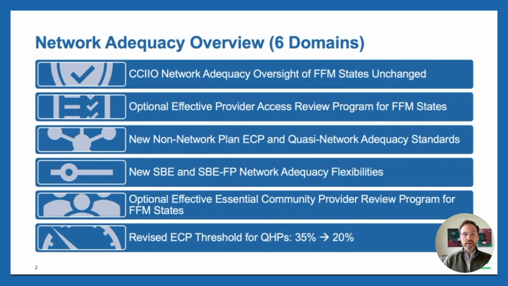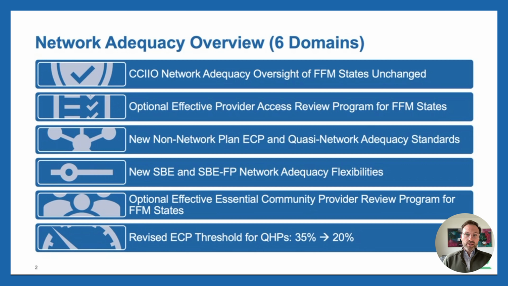So the first domain is CCIIO network adequacy oversight in the federally facilitated marketplace. That remains unchanged. CCIIO will continue to conduct annual network adequacy oversight for QHPs offered on the federal exchange. They will continue to collect the network adequacy template from QHPs, and they will continue to use network adequacy time and distance standards.